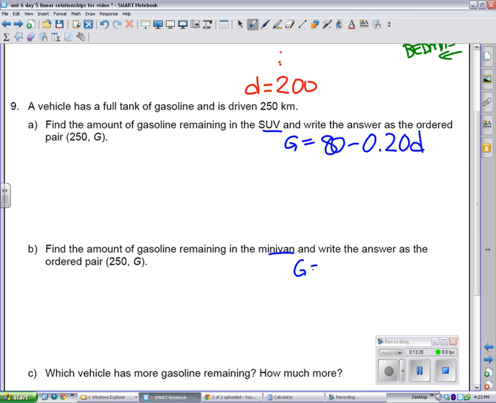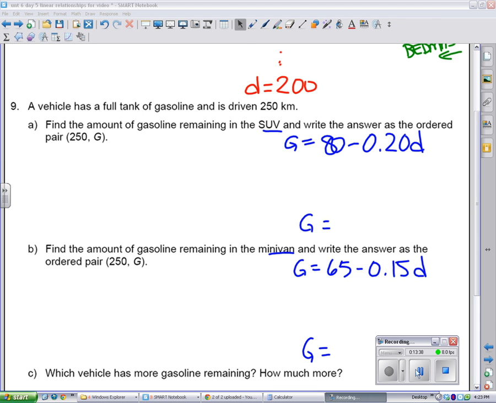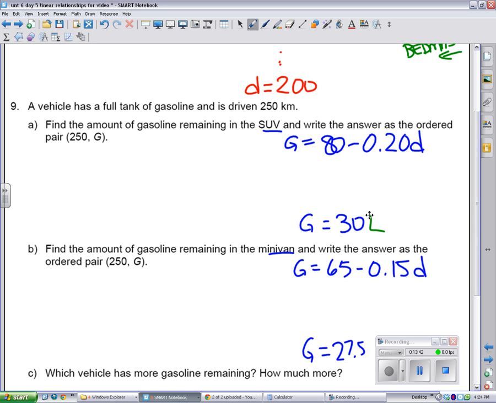For the minivan, G is equal to 65 minus 0.15D, and replace D with 250. The values that we have left are 30 liters of gasoline in the SUV and 27.5 liters of gas in the minivan, and we will write them as the ordered pair, which we would find on our graph. Oops, that should be 30.